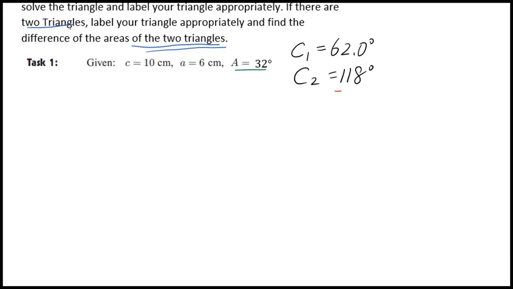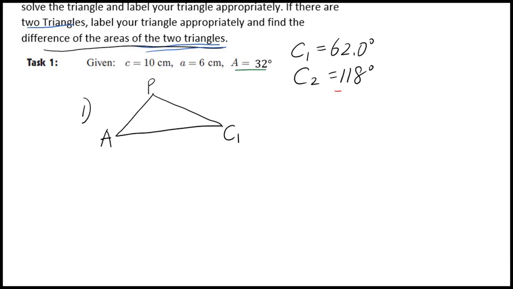For the two triangles, you need to draw the triangle and label them, then find the difference of the area of these two triangles. So for the first triangle, you will draw like this. This one you always label as the given angle. Then here you always label the acute angle C1.